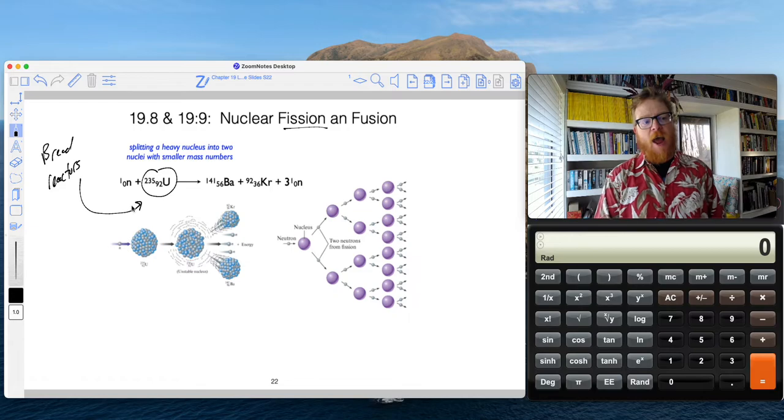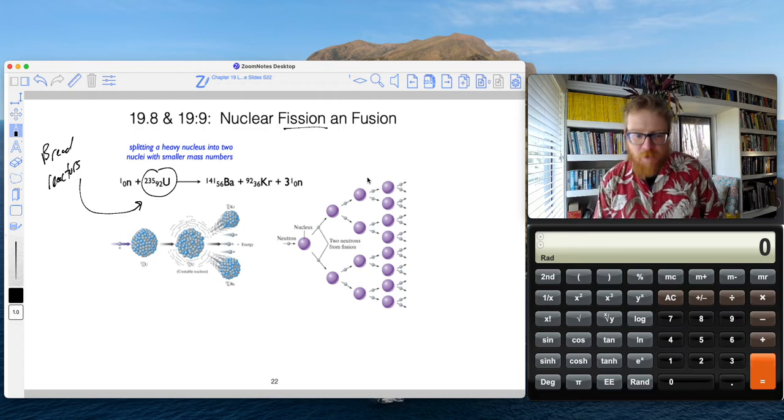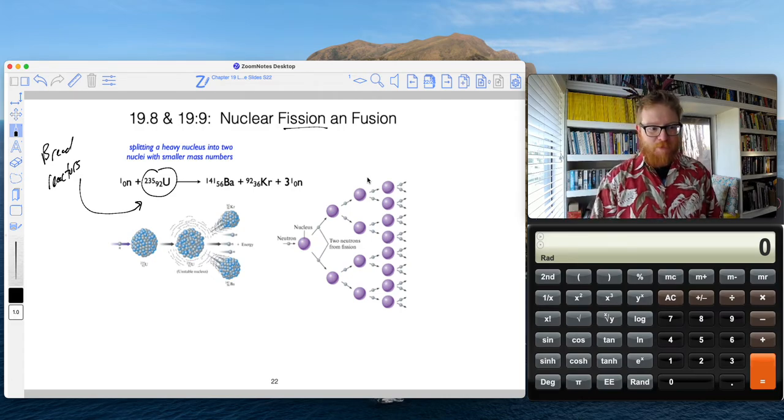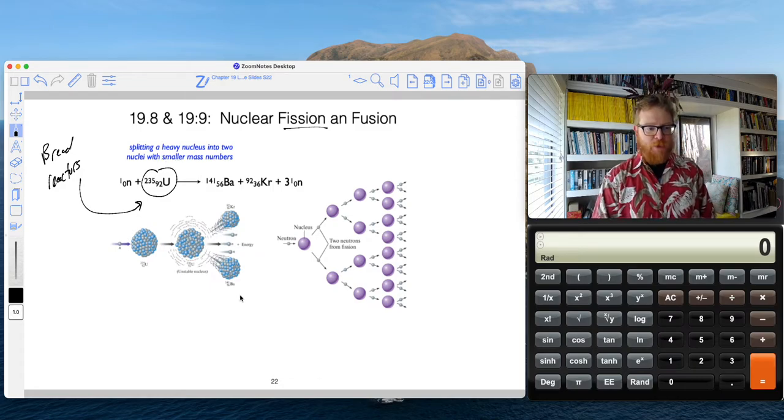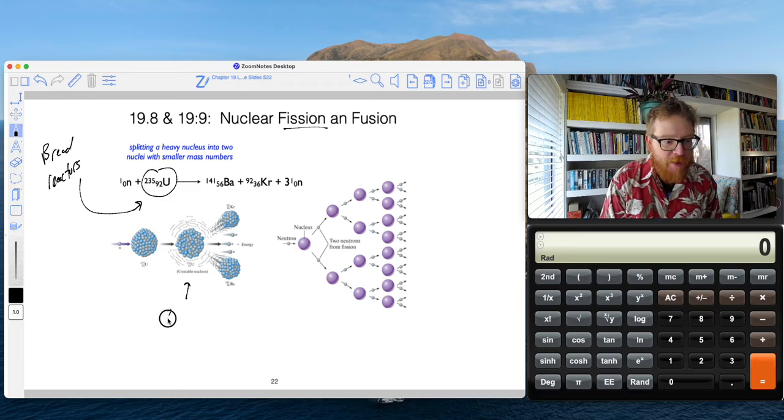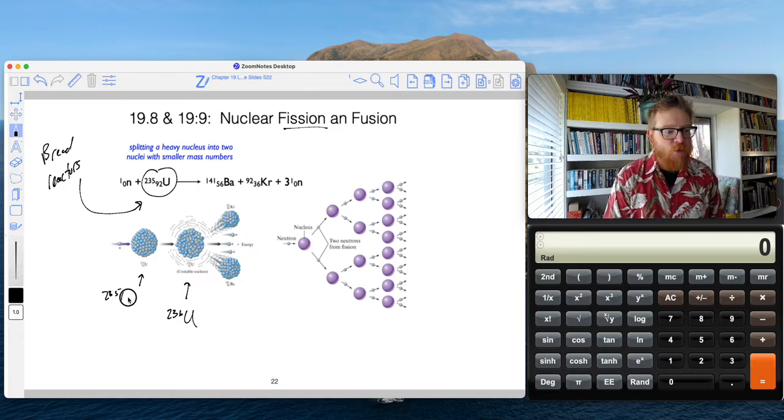Now this uranium-235 will undergo fission on its own. However, to get a real bang for your buck, if you slam it with a neutron, it will create this unstable nucleus, uranium-236, because you're adding one neutron, and that will decay into smaller, more stable nuclei. I know the font was small here, but that shows the temporary uranium-236 that gets created from uranium-235 by slamming it with a neutron.